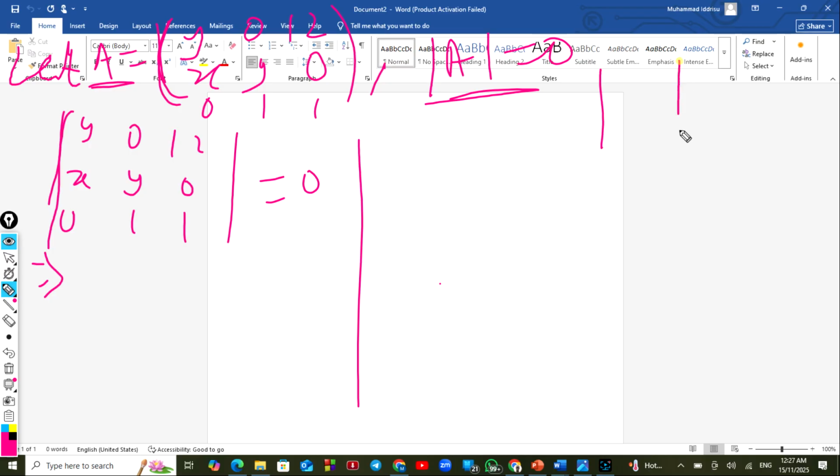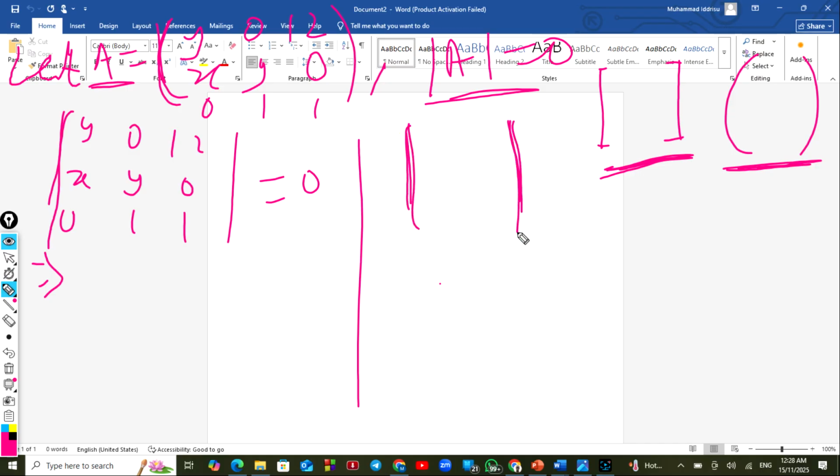Whenever you see these straight bars around entries, it means you are dealing with the determinant. But if you see square brackets or braces enclosing the entries, it is a matrix. The straight bars tell you that this is a single number, not a matrix of different points.